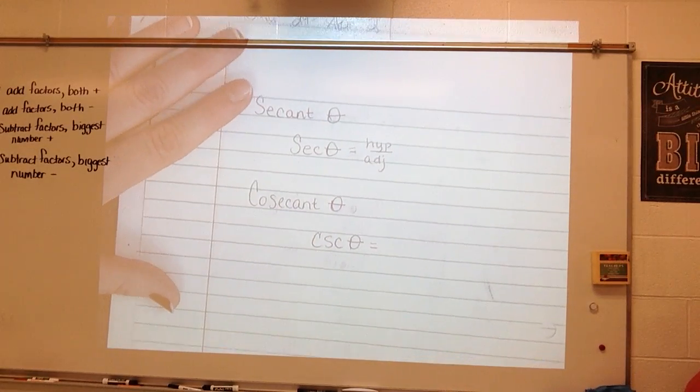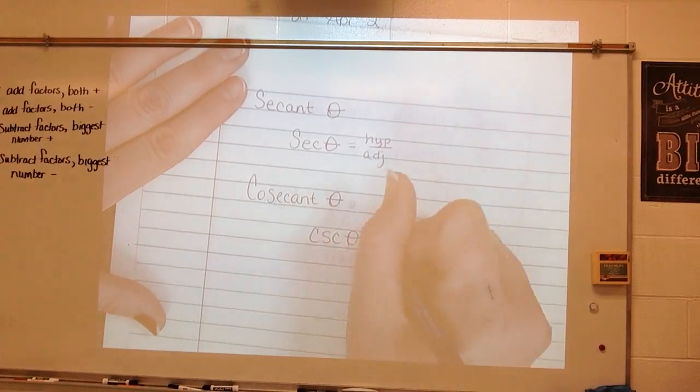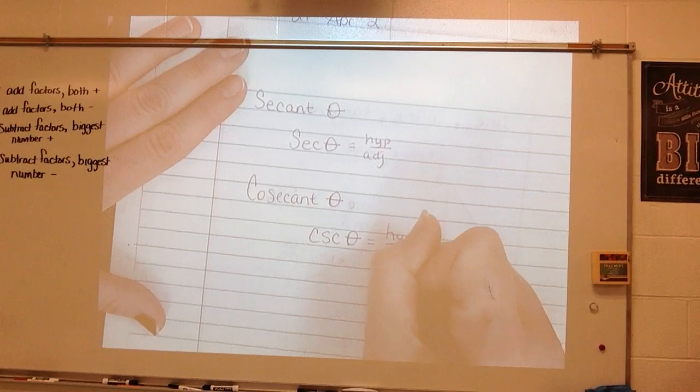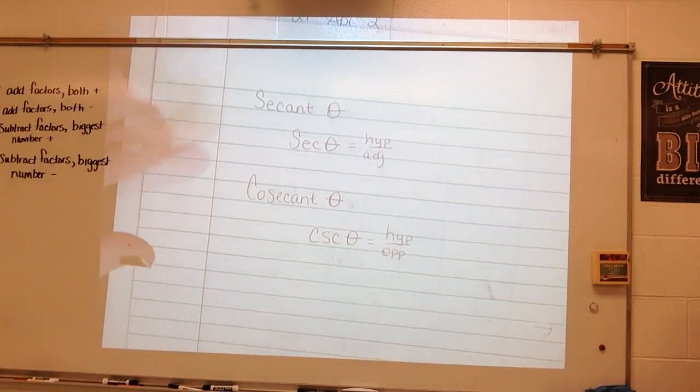To find the cosecant, I would do the hypotenuse over the opposite. Notice with sine, cosine, and tangent, our hypotenuse was on the bottom. In our secant and cosecant, the hypotenuse is on the top. And we'll kind of compare these.